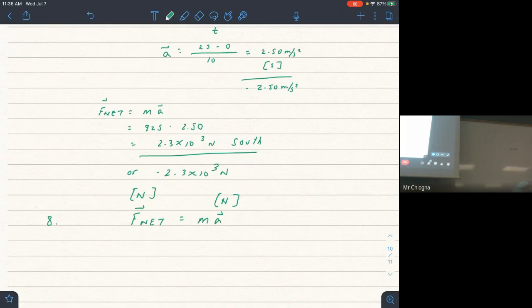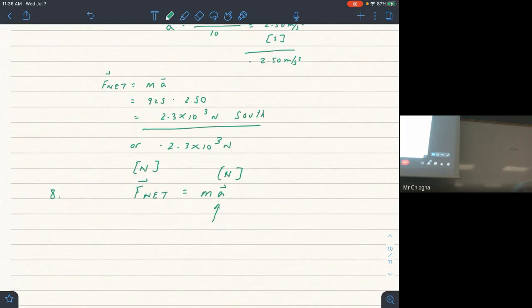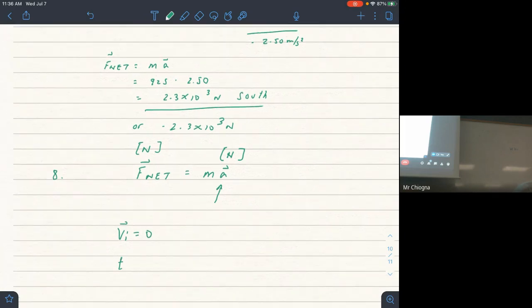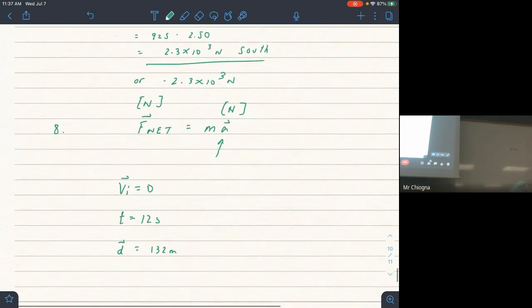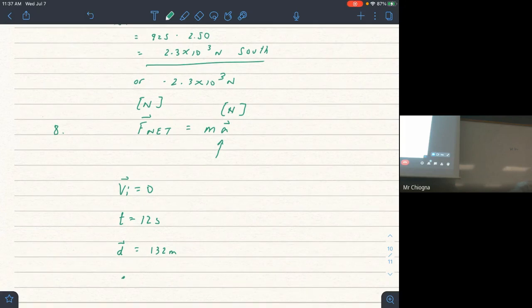Okay, find the acceleration. So I would make a list. Accelerates from rest. Travels 132 meters. I know that's north. I'll leave the direction out. I'll just use magnitude here. And I want to find acceleration. So this is your list.